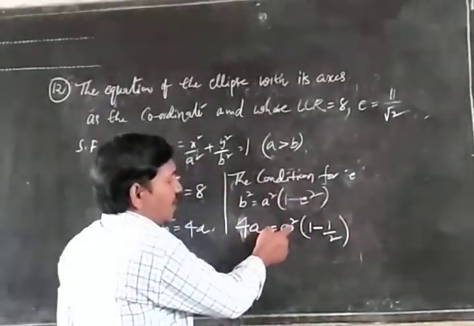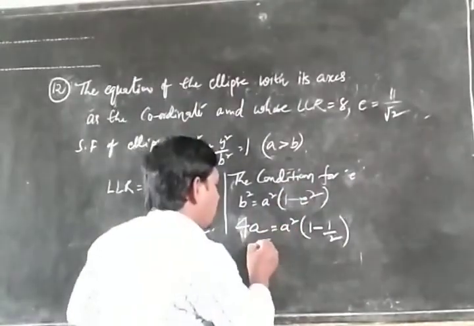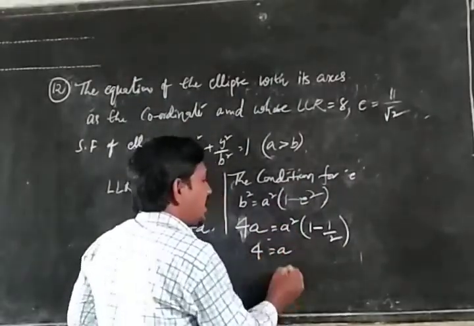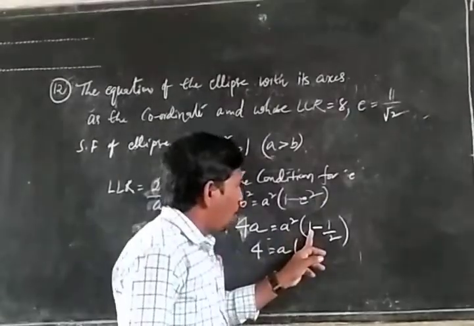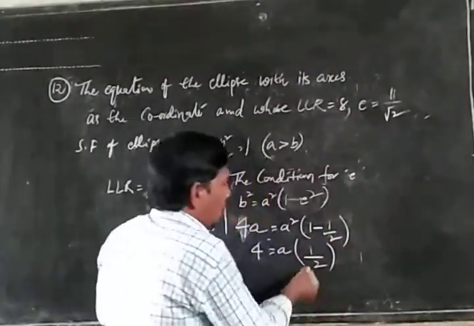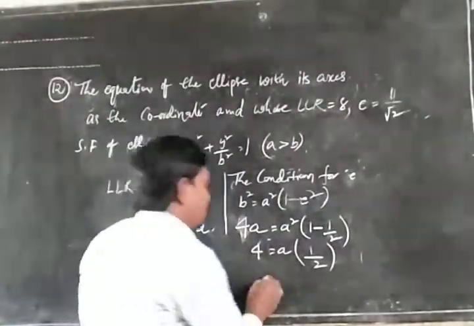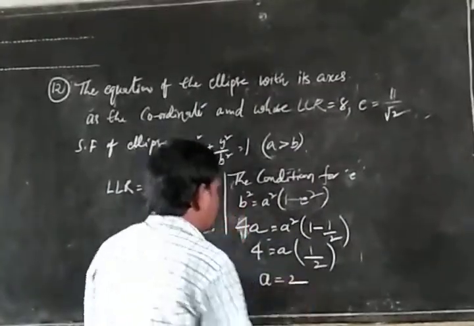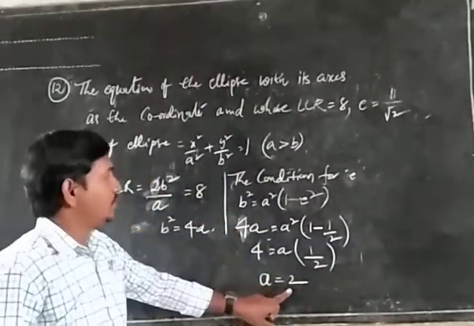Cancelling a square 1 time, 4 equal to a into 1 minus 1 by 2, which is 1 by 2. So 2 cancelling 4 two times, then a equal to 2.